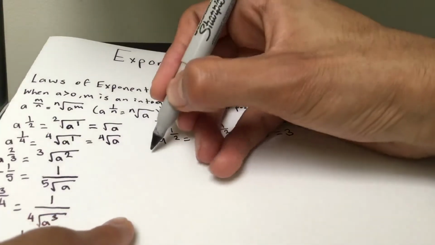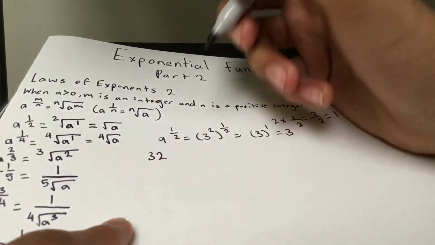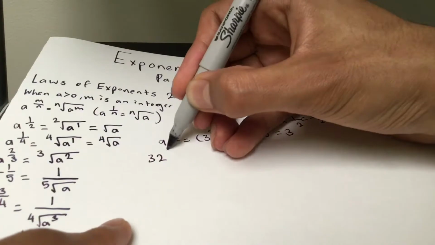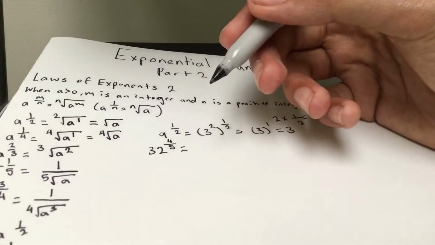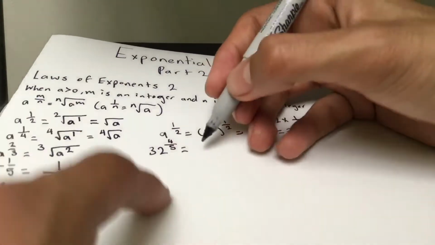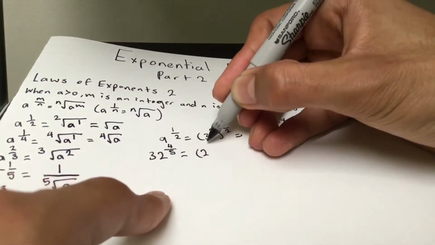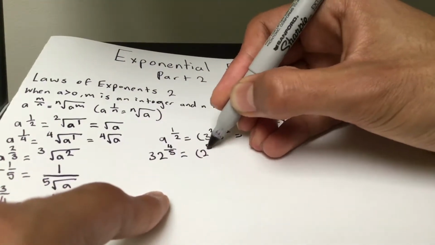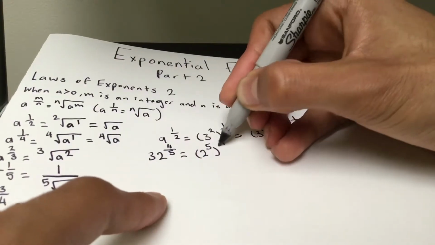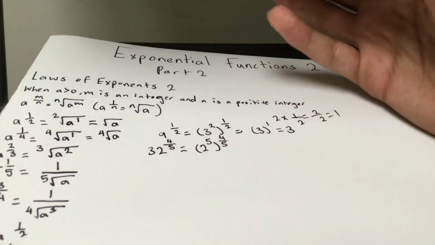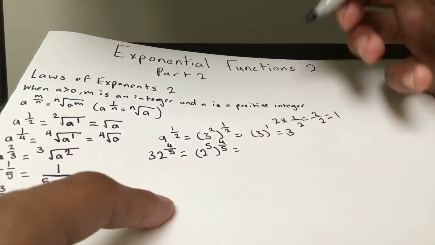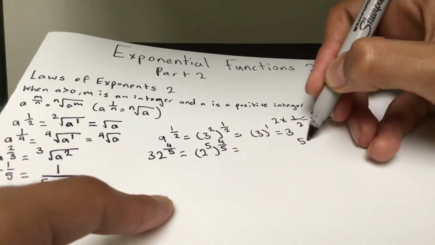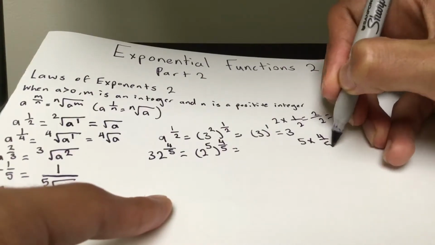Okay, so now let's move up to a hard question. 32 to the power of 4 over 5. We're going to change the form into 2 to the power of 5, and then 4 over 5 is our exponent. The next step is 5 times 4 over 5.